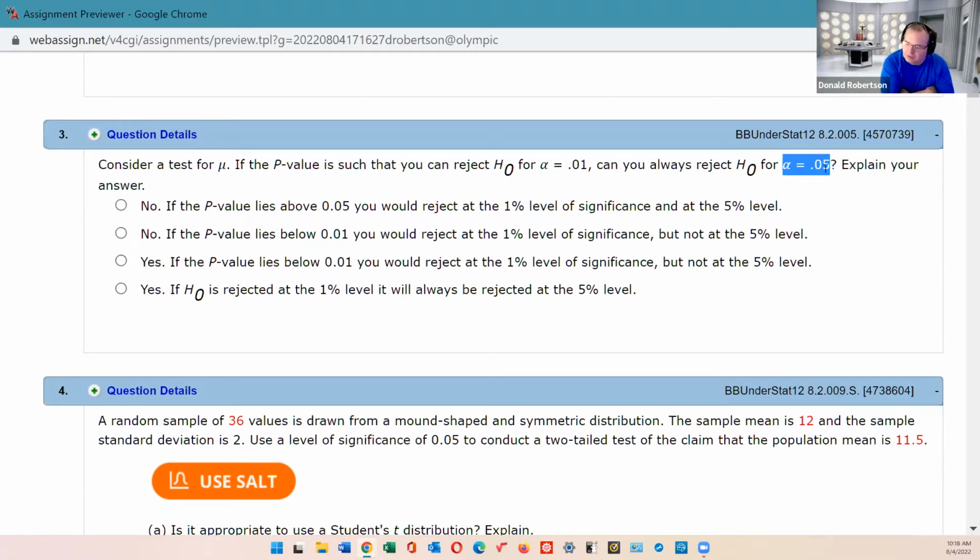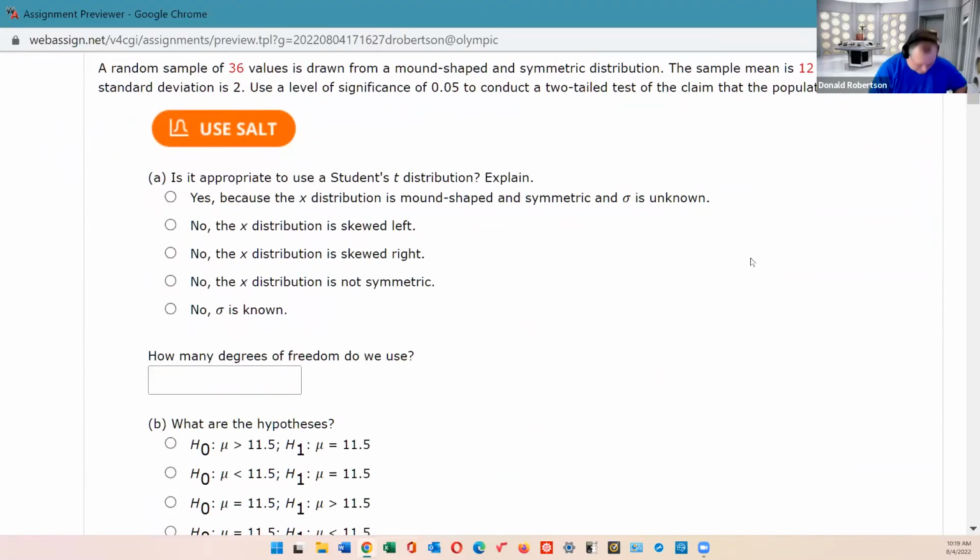What do you think the logic of that would be? So if you're less than 0.01, will you also be less than 0.05? Yeah. If I'm smaller than 0.01, I'm definitely smaller than 0.05. I'm actually smaller than 0.02, 0.03, 0.04, 0.05, 0.06, 0.07, and 0.08 as well. And so that means, there we are, that answer. And that's that out the way.